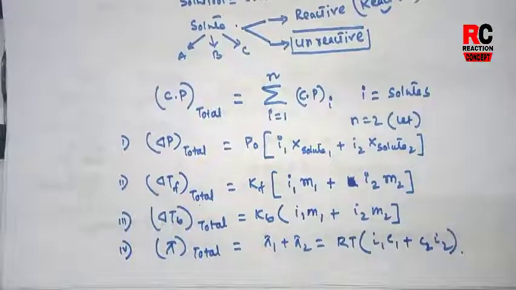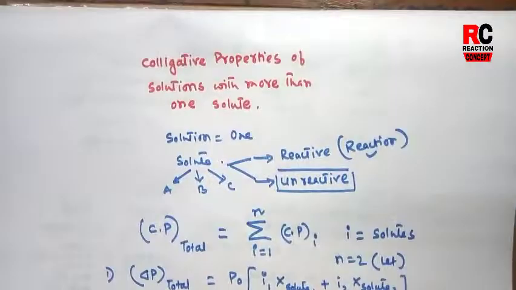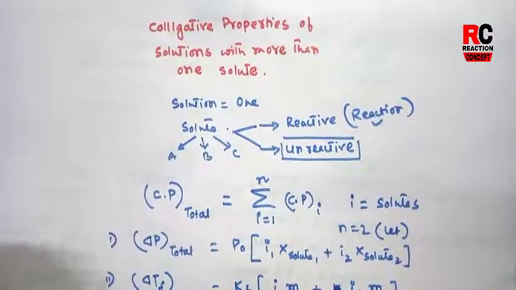So these are the colligative property expressions for a solution where there is more than one solute and these solutes are non-reactive. We'll discuss some problems based on this concept, and then it will be very clear to you.